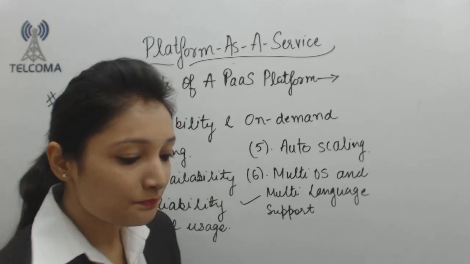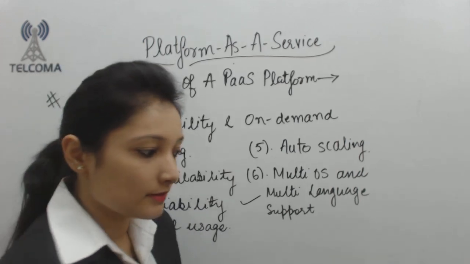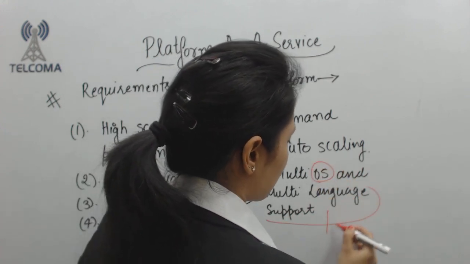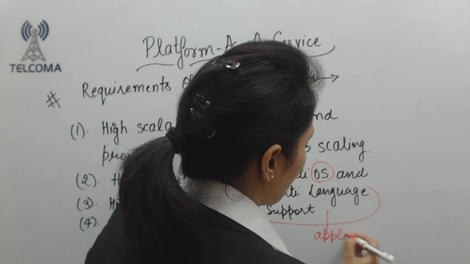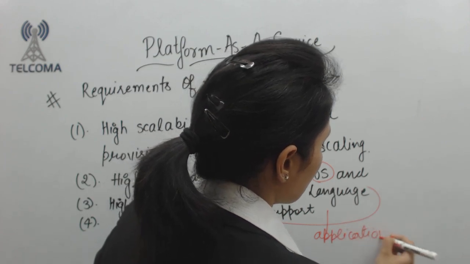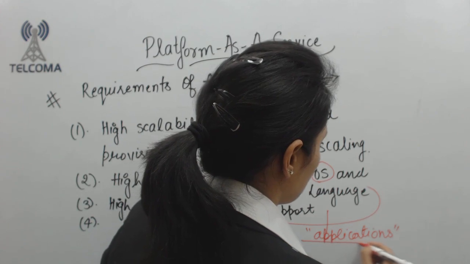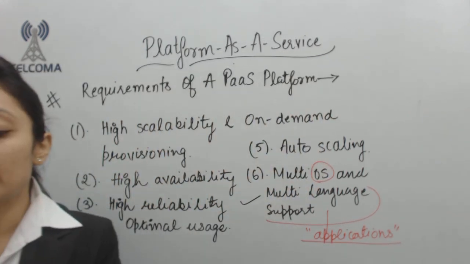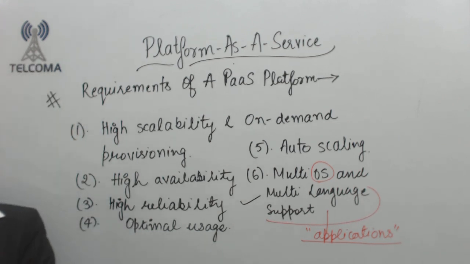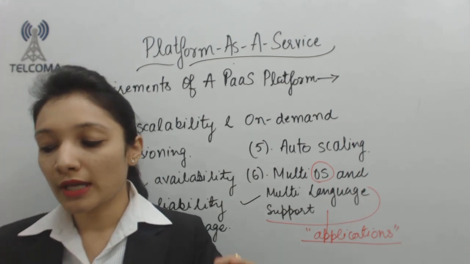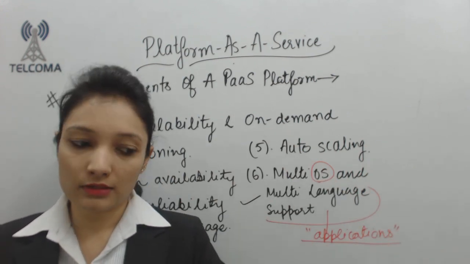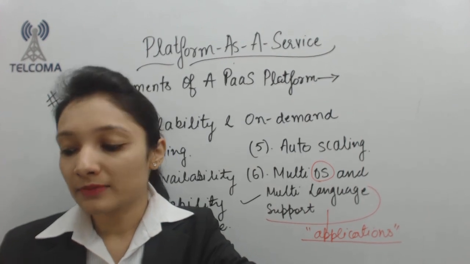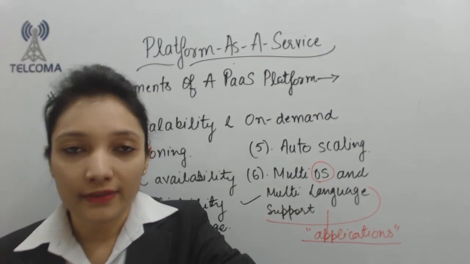That means they have different operating systems running in their environment and different applications written using different languages. So this platform as a service should enable various runtimes which can run on multiple operating systems. That means it should support different operating systems so that we could have different runtimes and different applications.